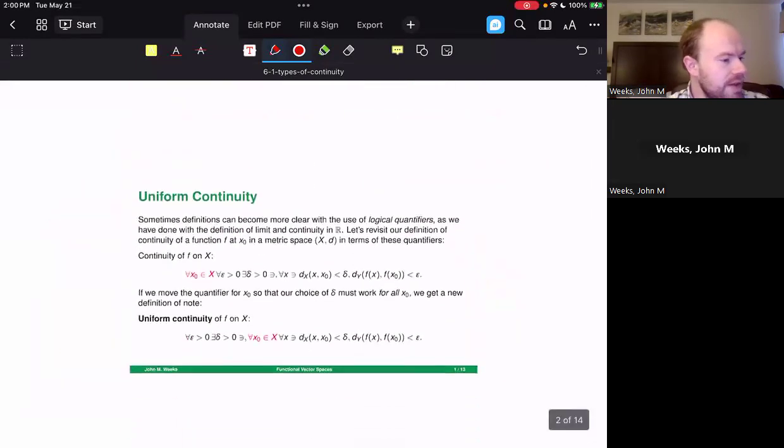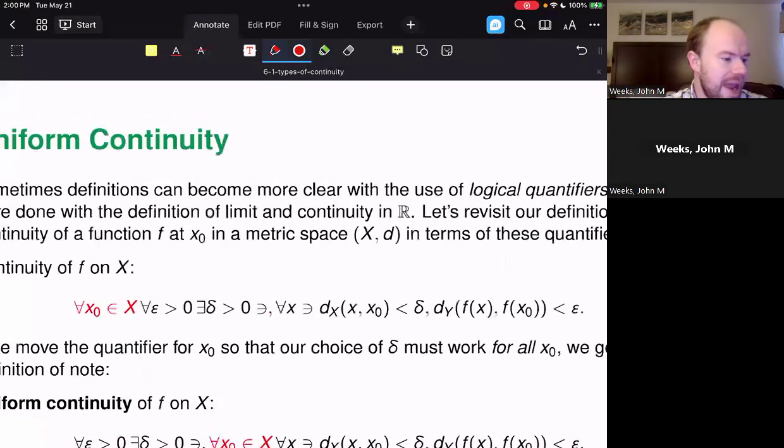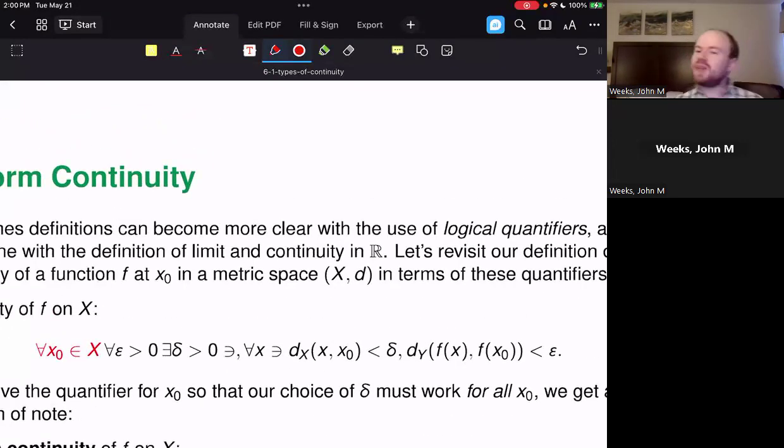So why don't we go ahead and jump into it by starting with just looking at an individual function. Uniform continuity deals with a notion of just a single function. Now, we've gone through and talked about what it means for a function to be continuous, and we have that definition right here. I've written it in terms of quantifiers, and for this particular definition, it's easiest to think of this in terms of how it moves the quantifiers around.